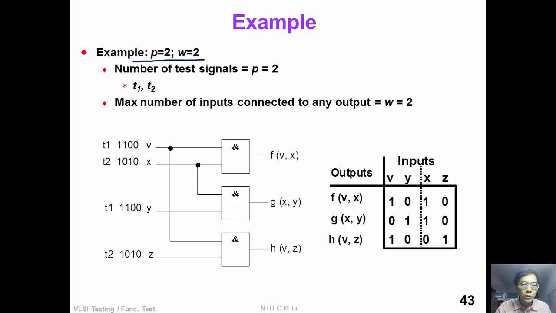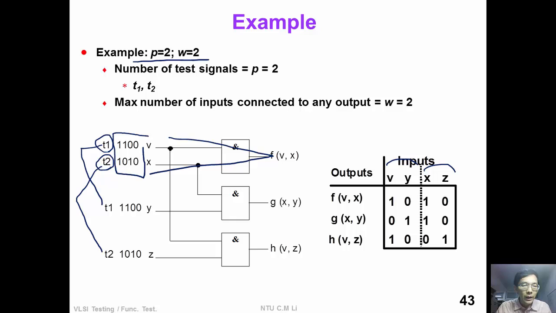Given this partition where P is 2, we can assign 2 test inputs to each partition. For the first partition VY, we assign test input T1. For the second partition XZ, we assign a second test input T2. To test the output F exhaustively, we can apply only 4 test patterns.